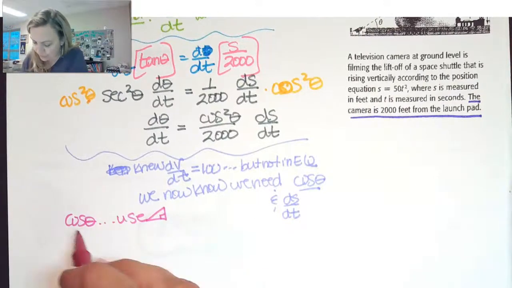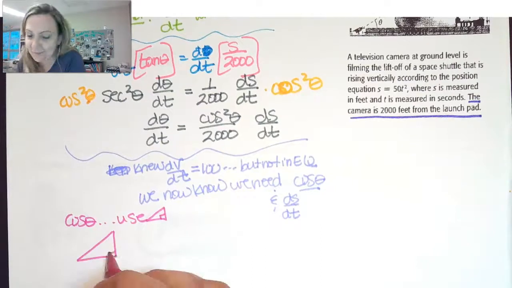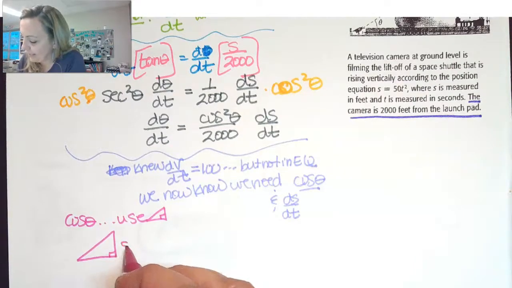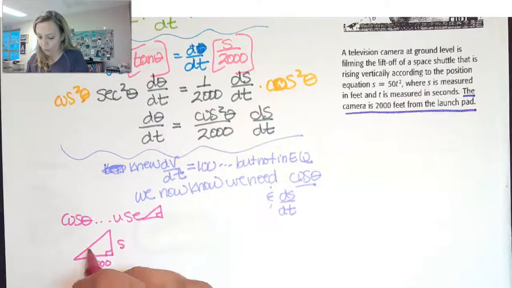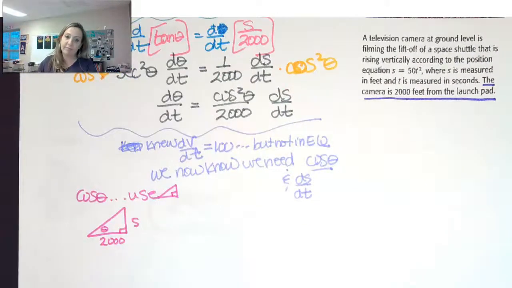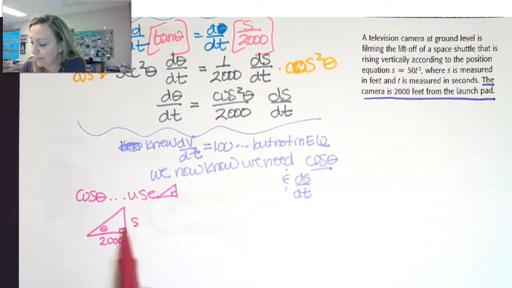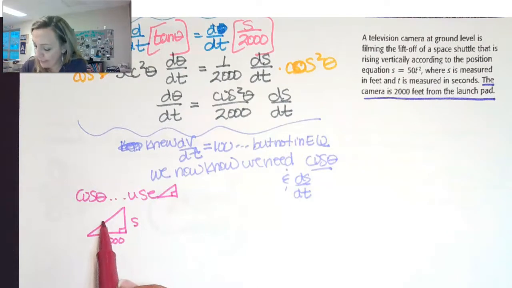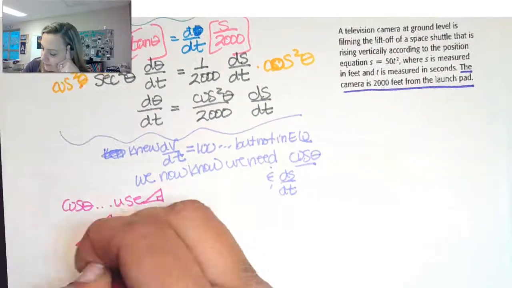We knew in this triangle, I don't know why I keep drawing it, is that we have s and 2000, and this is our theta. Well, if we want cosine theta, we're going to have to do adjacent over hypotenuse. So that means we're going to have to find what our hypotenuse is, right?